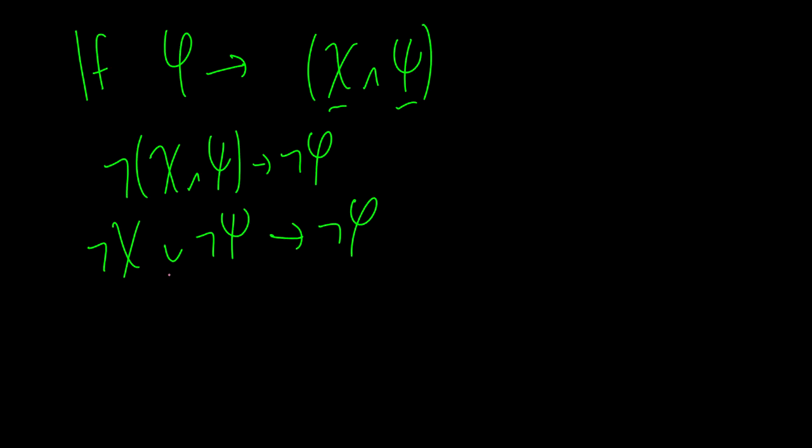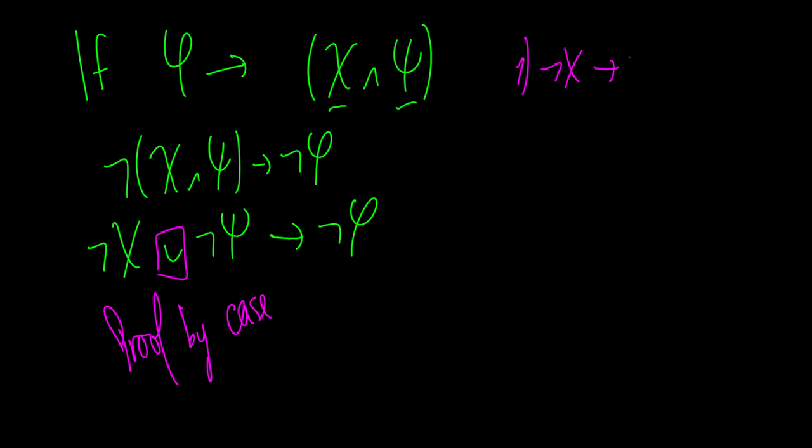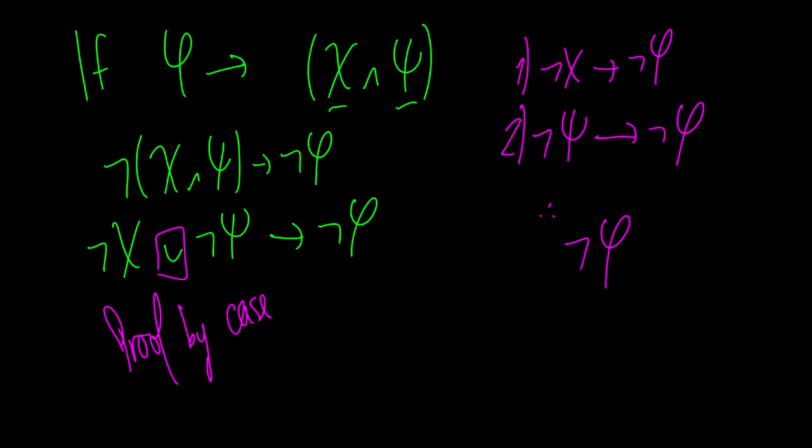And when you have an or statement, this becomes a proof by cases. So you have to be very careful when picking your proof method that you make sure the logic works, because here we have to have one proof that starts with not chi and gets to not phi, and then you have to have another proof that starts with not psi and gets to not phi, and only then can you conclude not phi. So, be very careful with your logic.